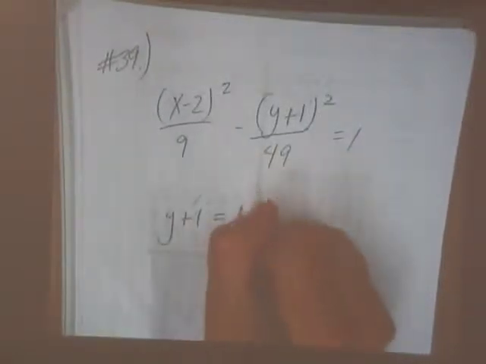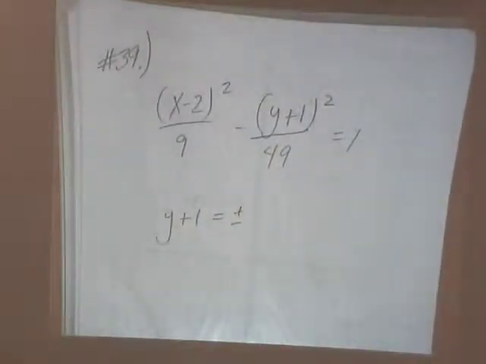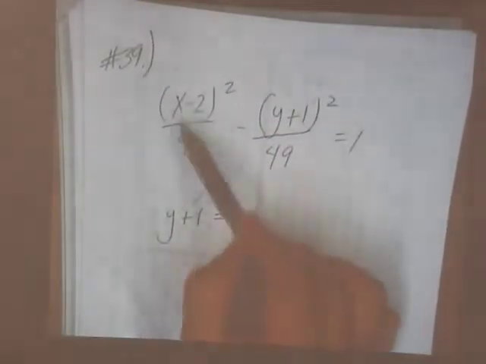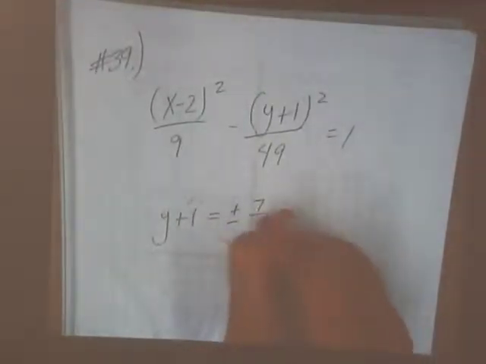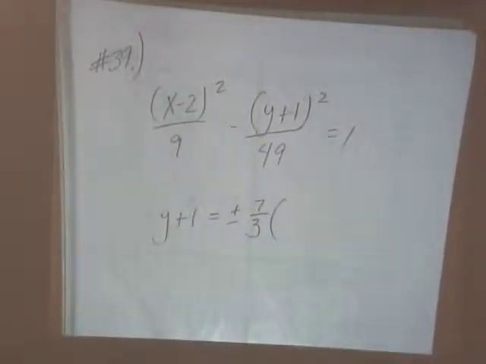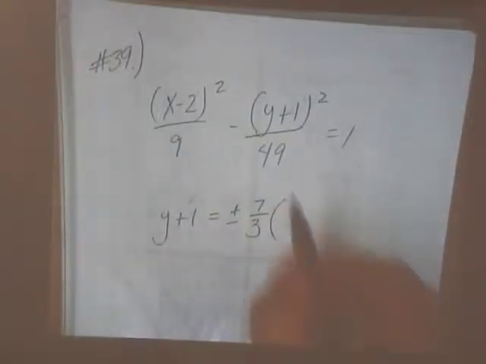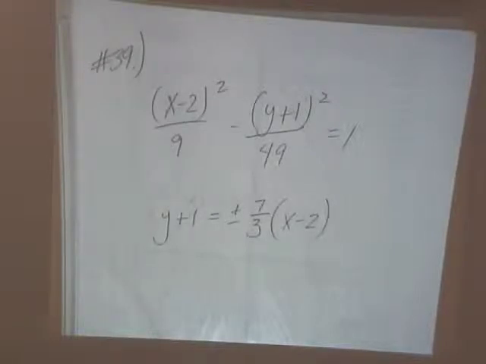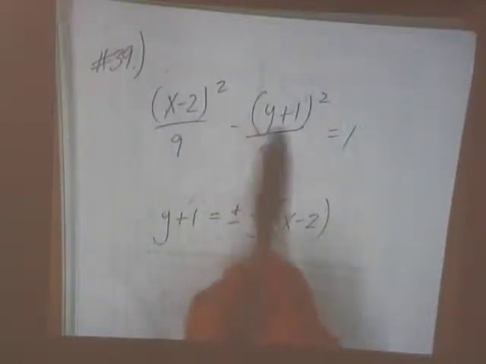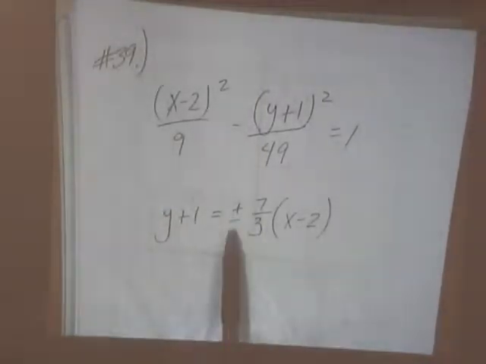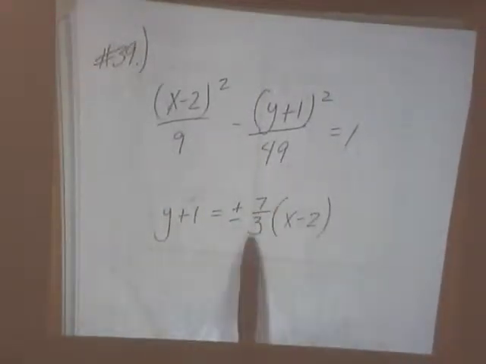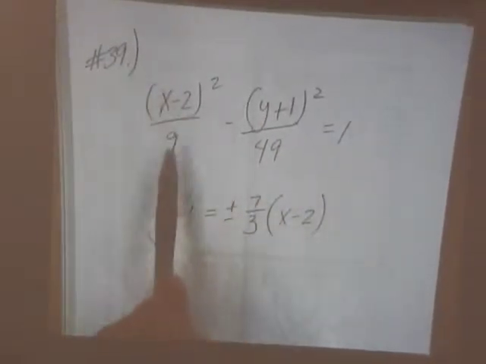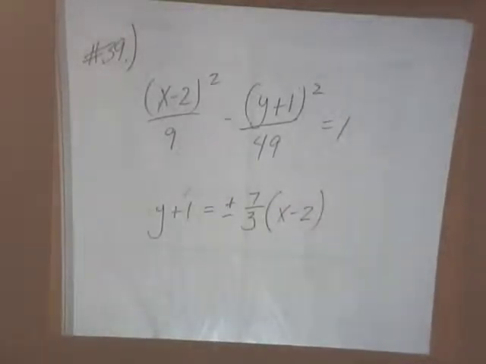Slopes plus or minus. So it's rise over run, 7 over 3. Whatever with the y goes on top. That's the rise part. And then x minus 2. So it's the y numerator equals plus or minus rise over run. So it'll be whatever's underneath the y square rooted divided by whatever's underneath the x square rooted, and then the x part.